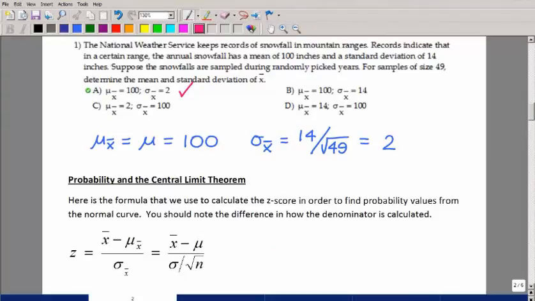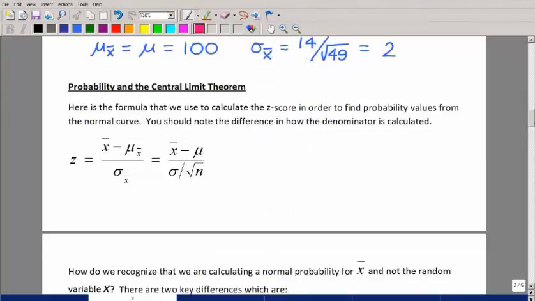So let's get down here now and look at how probability interacts with the central limit theorem, and mainly how to calculate normal probabilities. The main difference between this and what we have already learned with the normal distribution, and really the only difference, is our standard deviation. Remember before, our z-score formula looked like this: x minus mu over sigma.